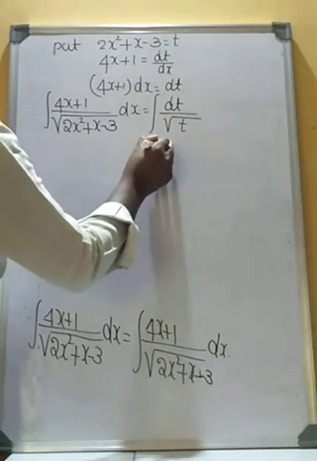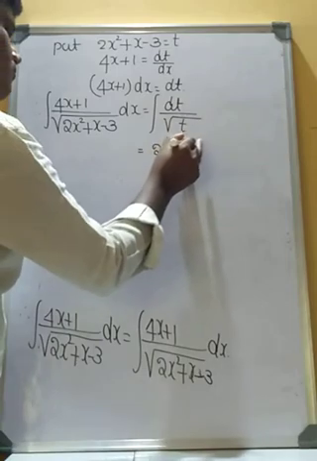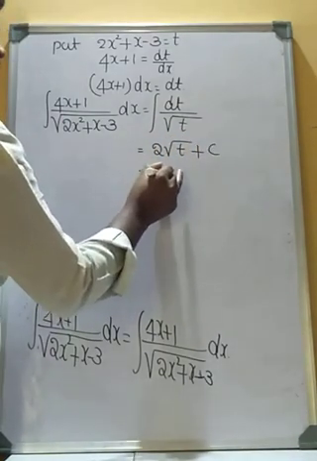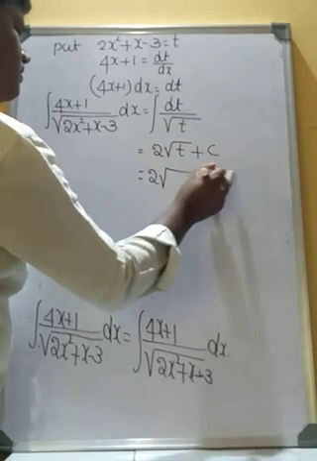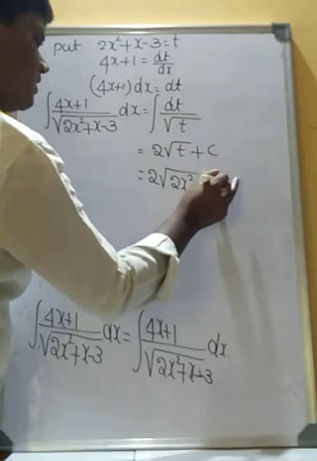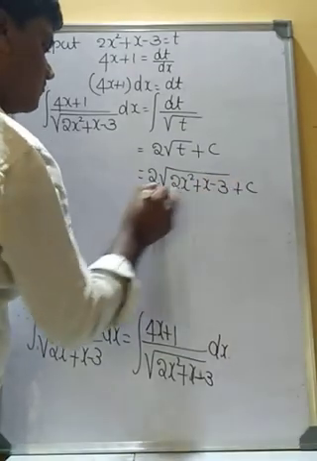Integral of 1 by root t is 2 into root t plus c. 2 into what is t? t is 2x square plus x minus 3, plus c.